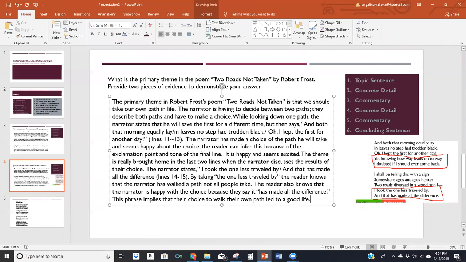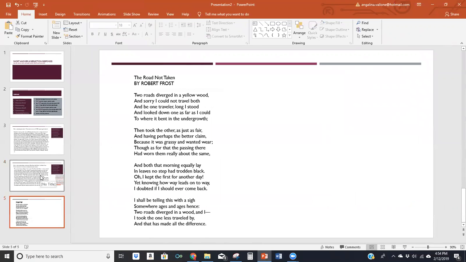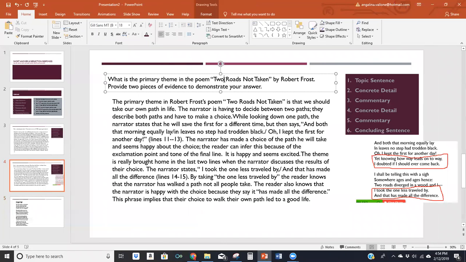I actually think that kind of works as a concluding sentence, but just to demonstrate how else you could do that, I'm going to end with, "The Road Not Taken." I have that wrong in here. I know that looked funky.